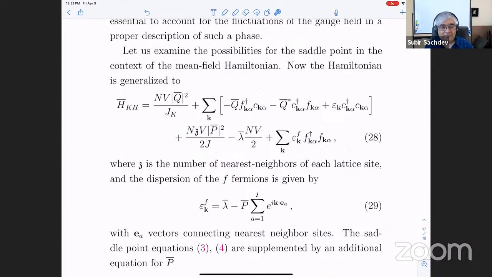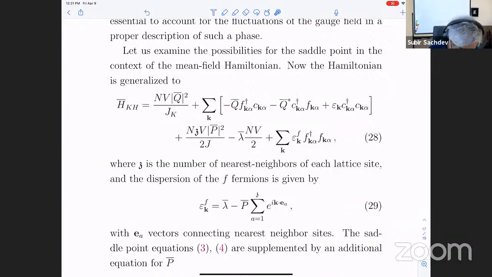And this looks almost exactly the same as the Kondo model, with a few small differences, of course. For the Kondo lattice model, since momentum is conserved, the Q terms that mix the F and the C don't have any sum over momenta. There's only a single momentum. They just conserve momentum. So that was as for without the Heisenberg coupling. And the new thing is now this. There's now a dispersion of the F dagger.